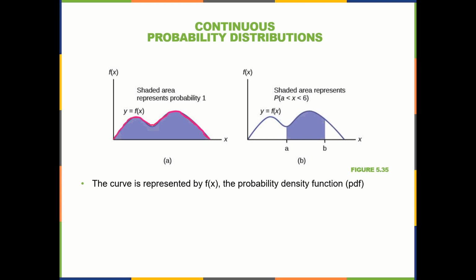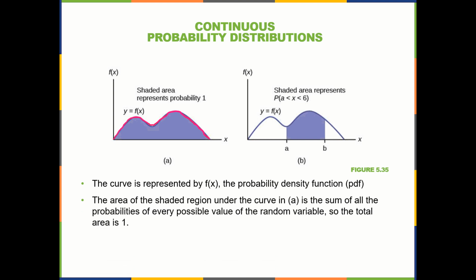So we don't find probabilities for an exact number of successes anymore. Notice that the total area under the curve should be 1 because now area, shaded area, represents the probability. So if we're covering all the bases, then all the areas should add up to 1.